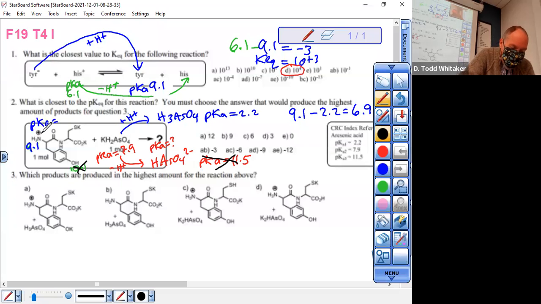Now, if this thing's the base, where's the best base available? Is it this site or this? And I'm pretty sure it's going to be the S minus because it becomes SH. And as one of our students pointed out earlier today in a presentation, thiols do have a pKa a little less than 10.